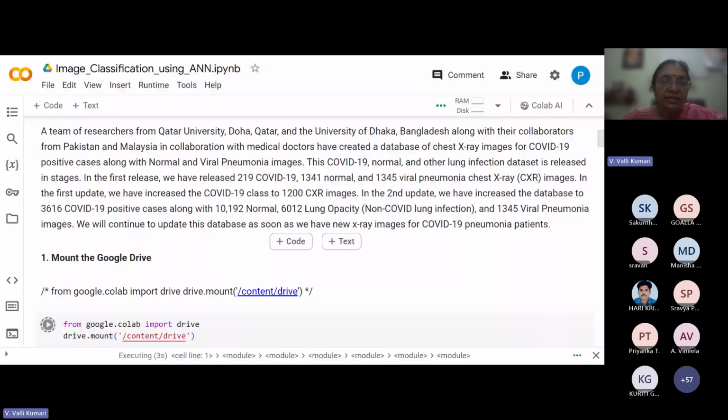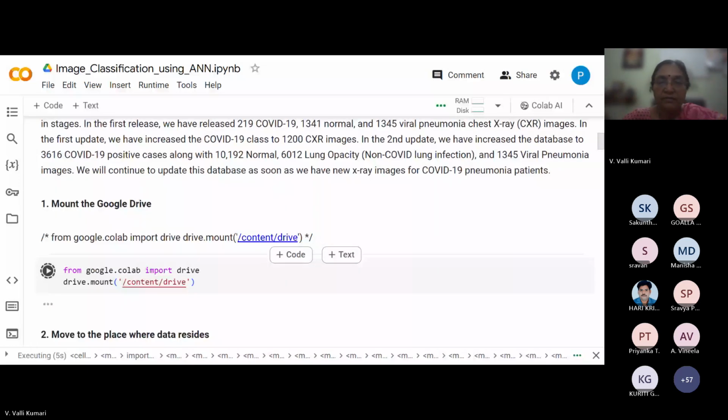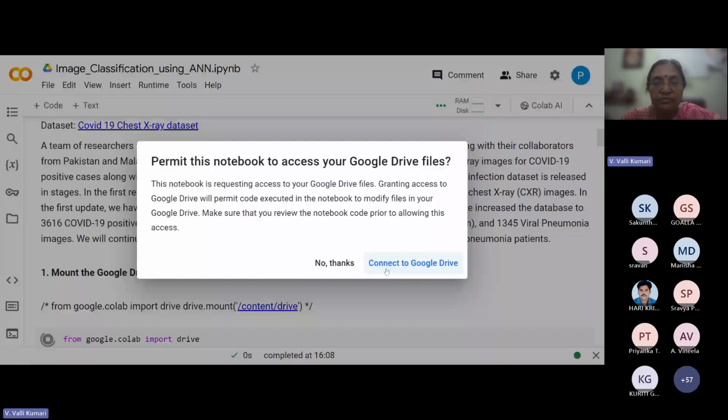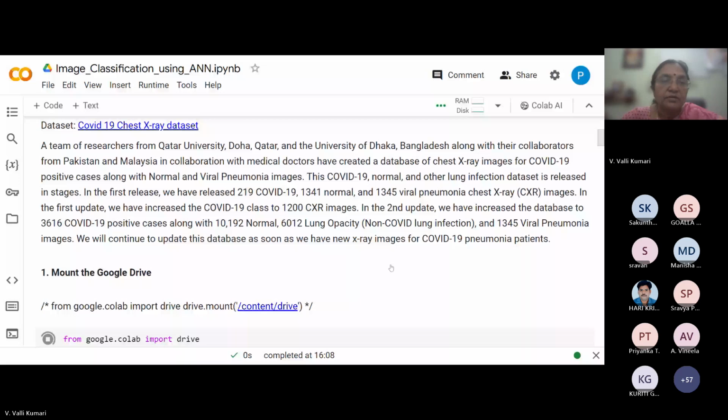So this is the COVID data set. The link I have given here. I'll share the sheet with you. Trying to mount the drive, just a second.